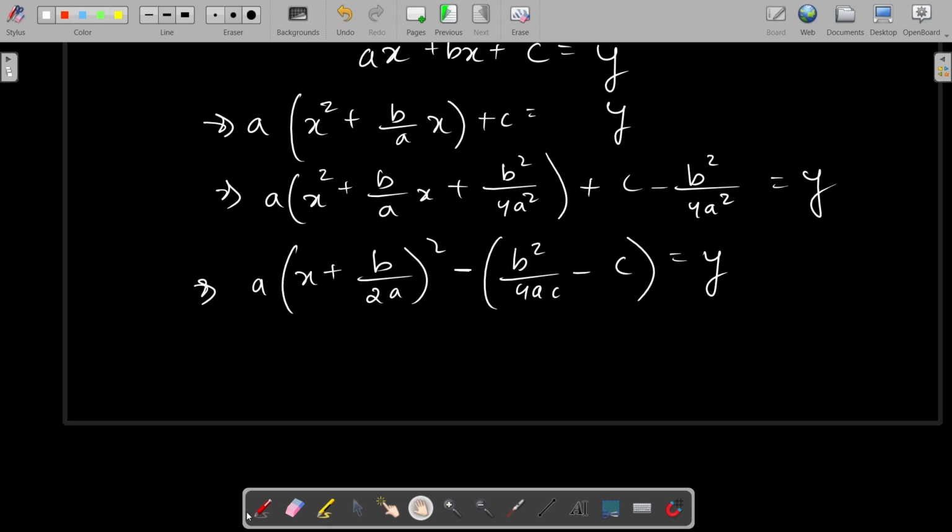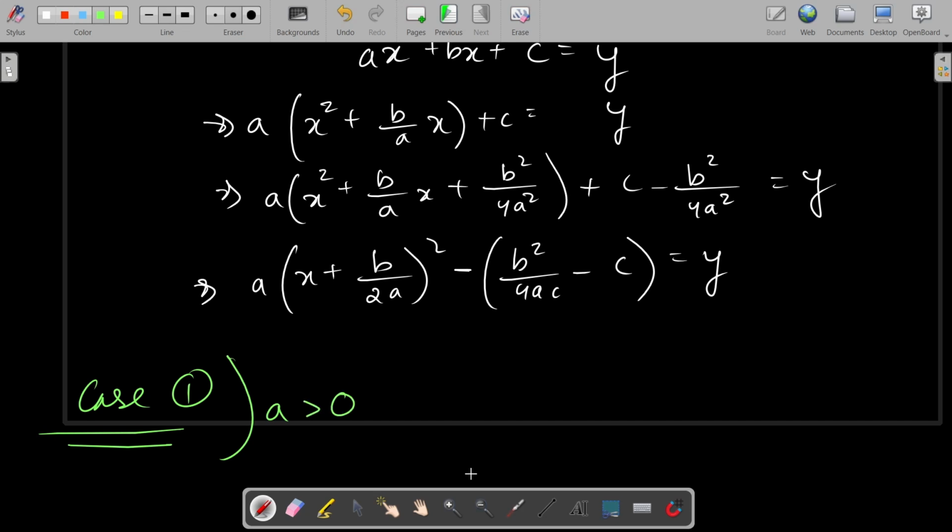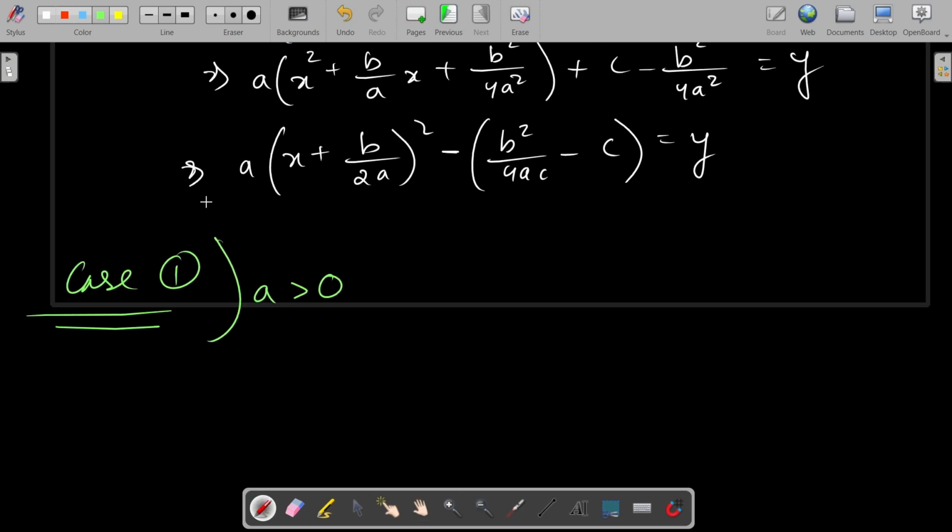Now moving a bit down, we're going to minimize this, but let's look at two cases again. Case number one, a is greater than 0. So when a is greater than 0, in a times x plus b by 2a squared, minus b square, minus c, let me just take 4a common here.